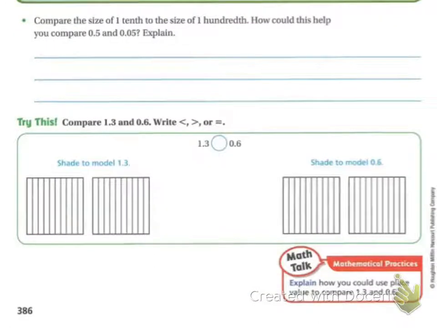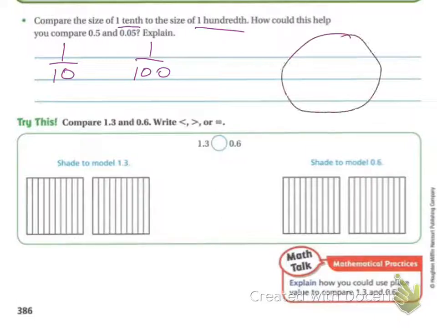Okay, similar to what we were just talking about, it says compare the size of 1/10 to the size of 1/100. So here's 1/10, and here's 1/100. Think of it as if you had a pie. If you cut it into 10 slices, it'd be like me getting one of them.